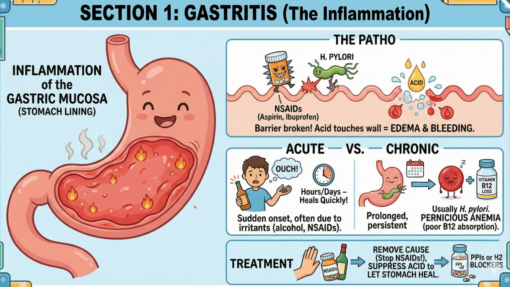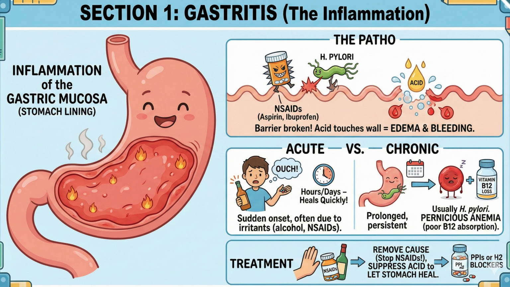And this is a nice picture of how it looks, gastritis, acute versus chronic. I used Gemini to give me this wonderful picture to make it easier to understand, rather than just having the flashcard available. Here is the little logo of Gemini.